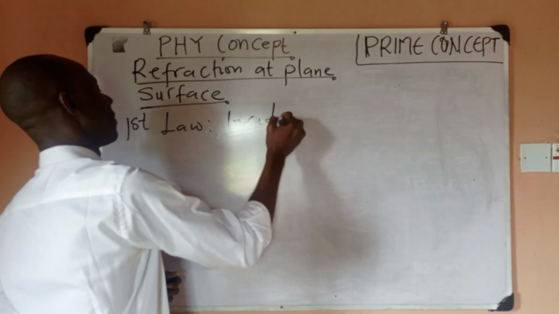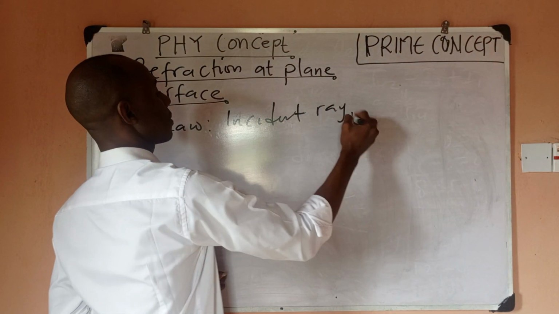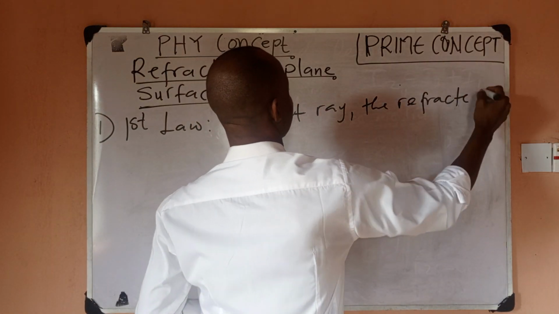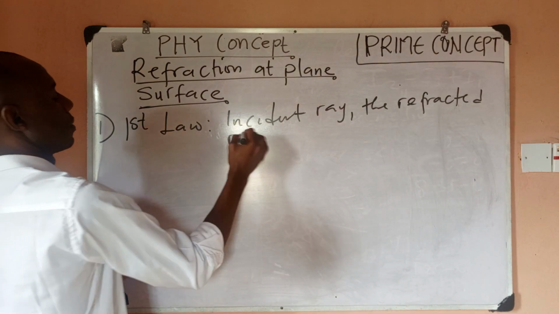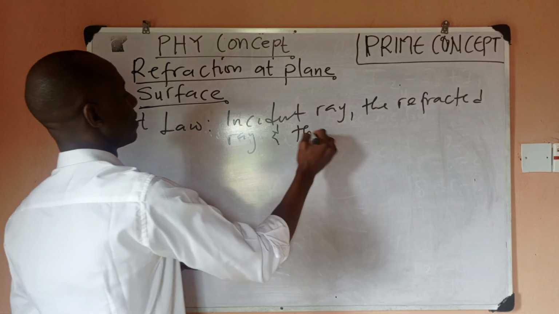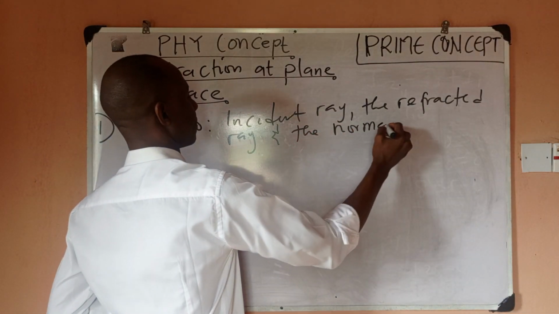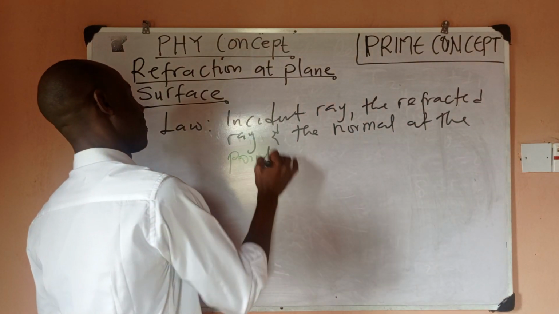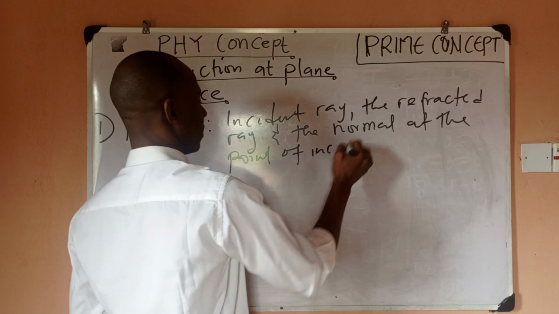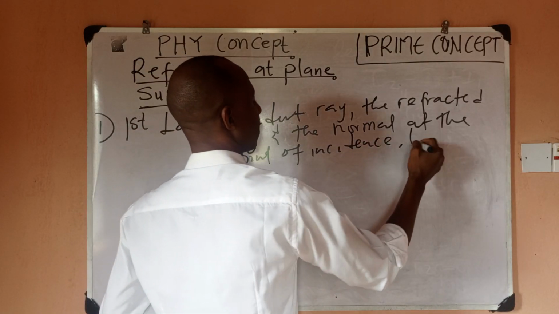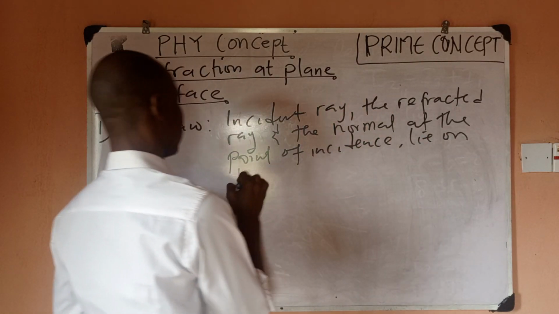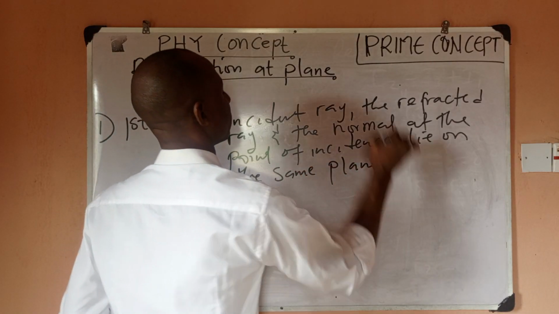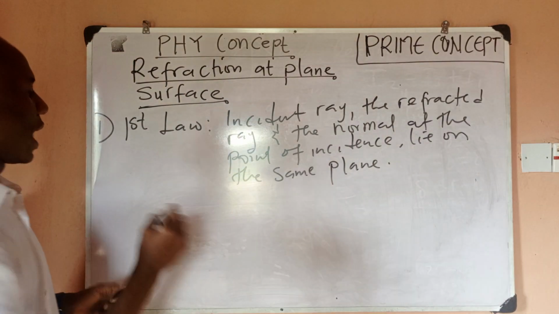The incident ray, the refracted ray, and the normal at the point of incidence lie on the same plane. So this is what the law is saying.